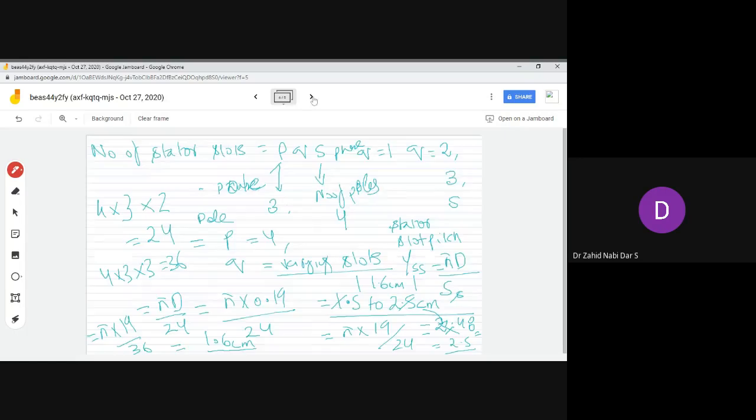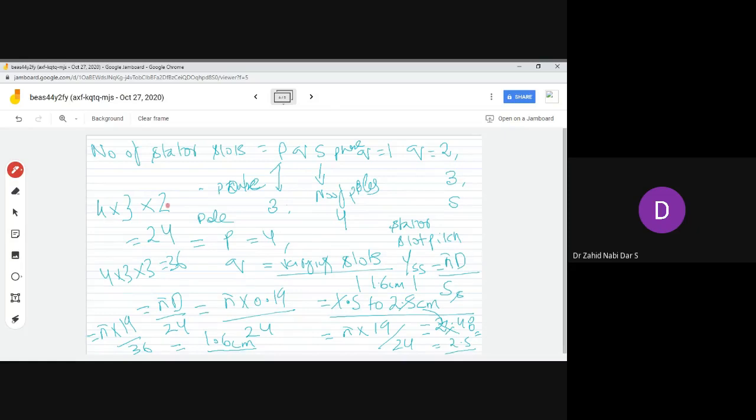Now I was interested in the number of stator slots. For this, I told you the number of phases, number of poles, and the Q value is how many slots you will accommodate per pole per phase. So it cannot be one, so from 2, 3, and 5 we try to substitute these values over here.